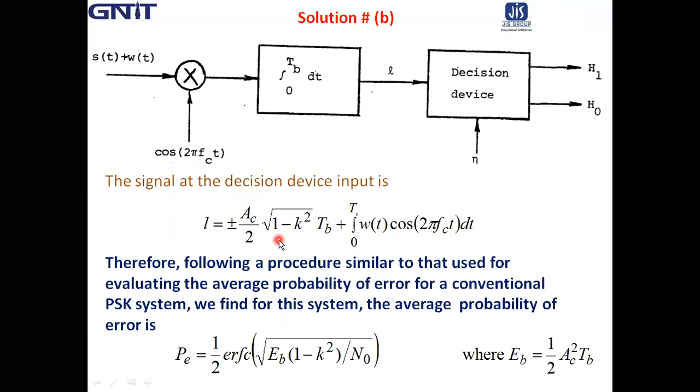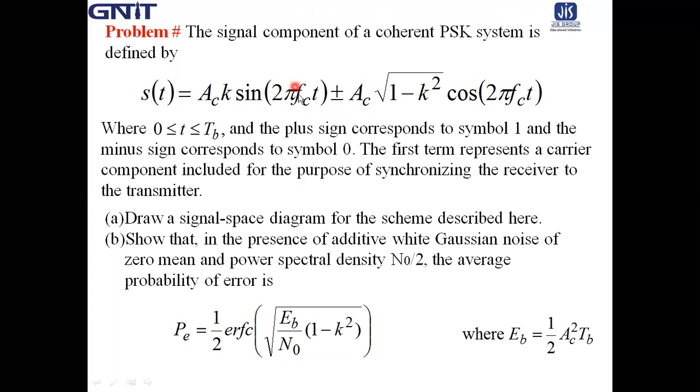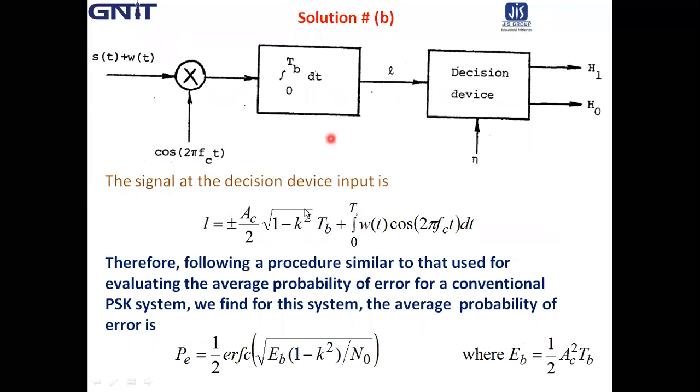And for the first term, that is sine 2 pi FCT cos 2 pi FCT, so 2 sine A cos B gives sine 2 theta, and this term is 0. And cos square theta is half into 1 plus cos 2 theta, so only the DC term is present here. So now it becomes plus minus AC by 2 square root of 1 minus K square TB, and plus this term is the noise term.